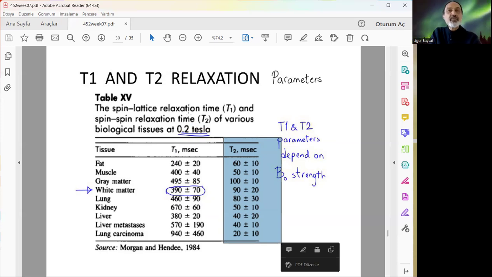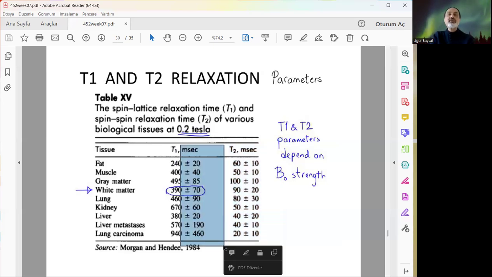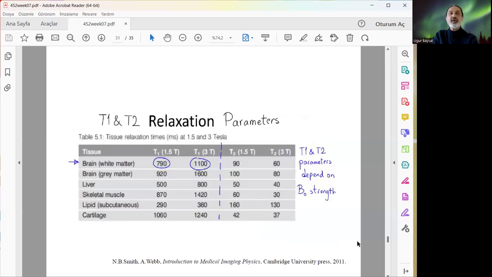Of course, these are experimentally measured values. There are experimental errors. There is no direct mathematical standard calculation for time constants. That's human dependent and conditions dependent. So there is a big range of values of these MR parameters.